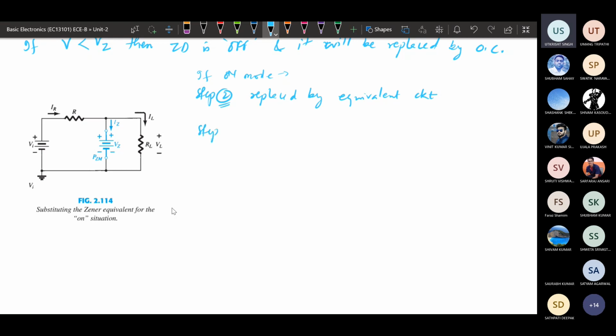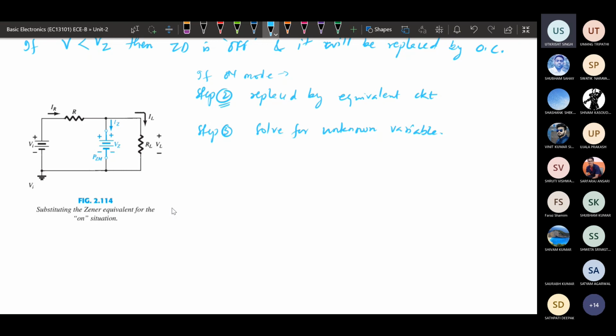Now step 3 is we need to solve for the unknown variables. So now we need to solve this circuit for the different voltages and currents that we need to find, that is VL, IZ, IL, and IR.